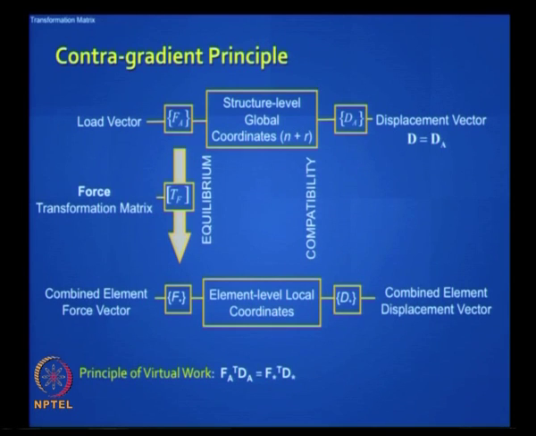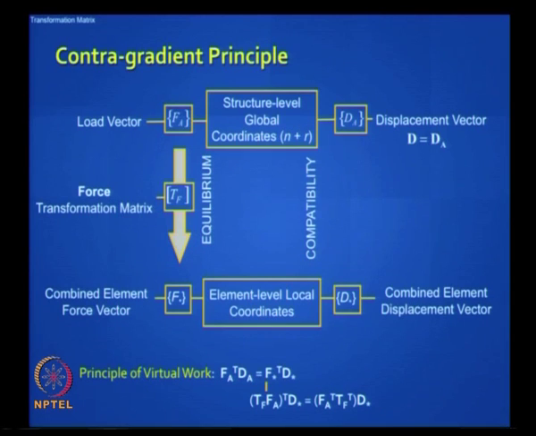Okay. Now because we are keeping reactions out of this game, anyway, reactions do not do any work if the supports do not move. We have Fa transpose dA, agreed, is equal to F star transpose D star, agreed. Total external virtual work product is equal to total internal virtual work product. What do you need to substitute now? F star equal to TF Fa. There, now you are good. This is simple logic.